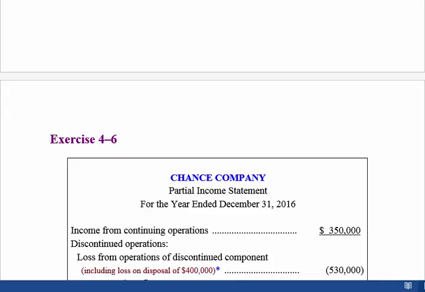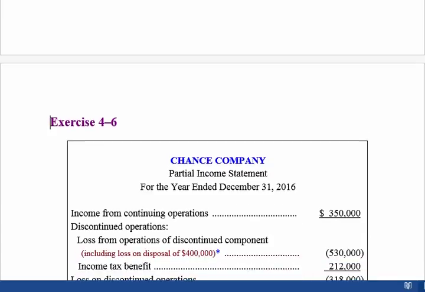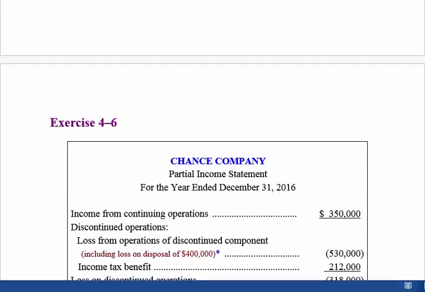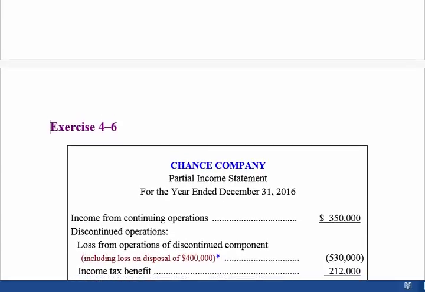Our tax rate was, what, 40%, so we'll say 530,000 times 0.4, or 40%, and that gets us a tax benefit of $212,000, which offsets part of the loss. Our income tax benefit was $212,000.